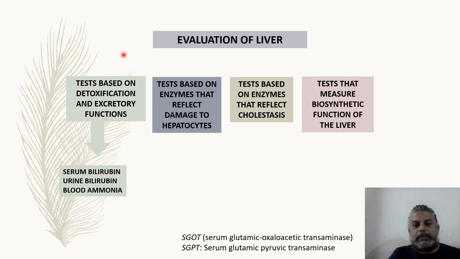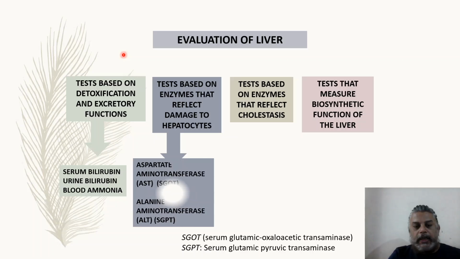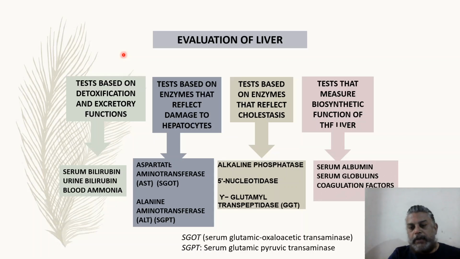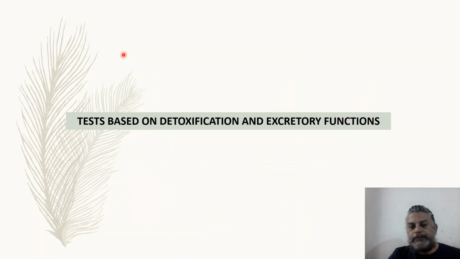Second, tests based on enzymes that reflect damage to hepatocytes, that is SGOT and SGPT. Third, tests based on enzymes that reflect cholestasis, that is alkaline phosphatase and gamma GT. Fourth, measures of the biosynthetic functions of the liver, that is serum albumin, globulin, and coagulation factors.